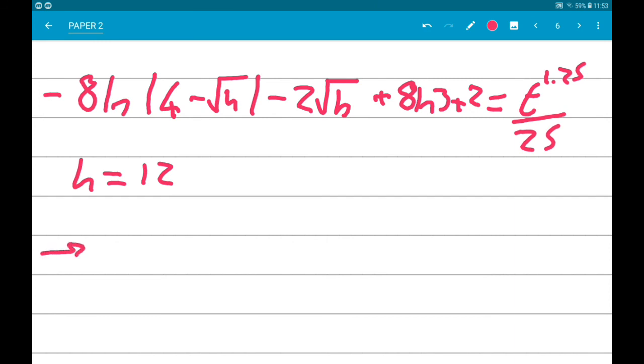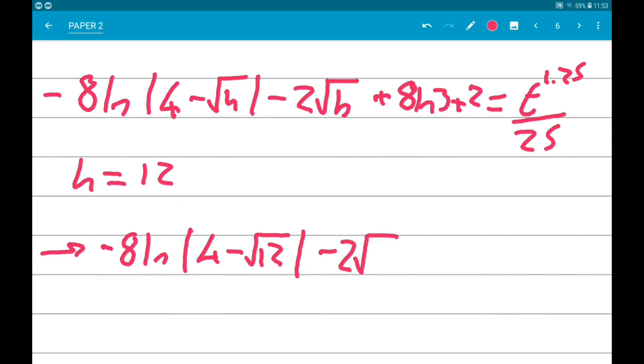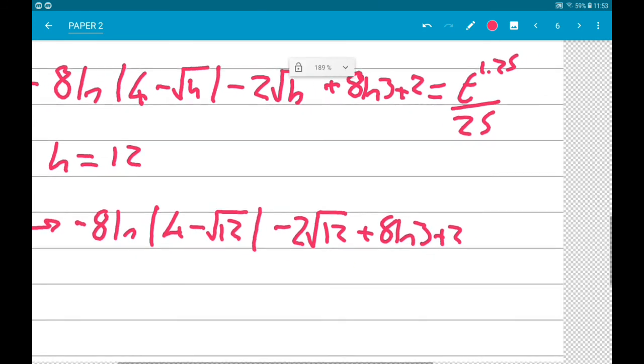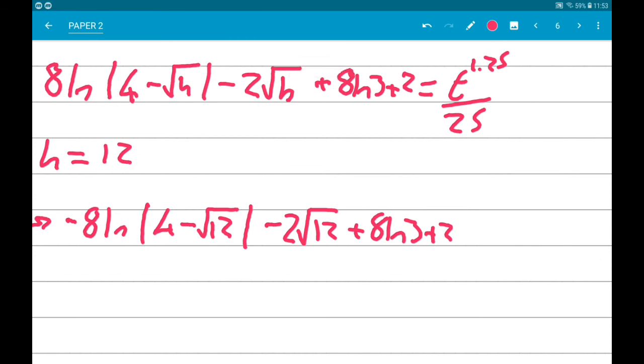So, now we get minus 8 log mod 4 minus root 12 minus 2 root 12 add 8 log 3 add 2 is t to the 1.25 over 25.